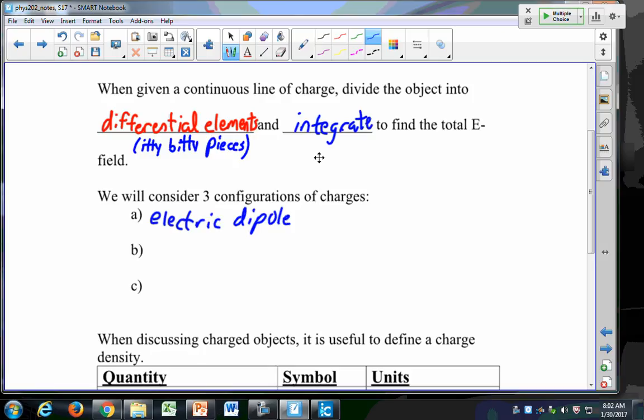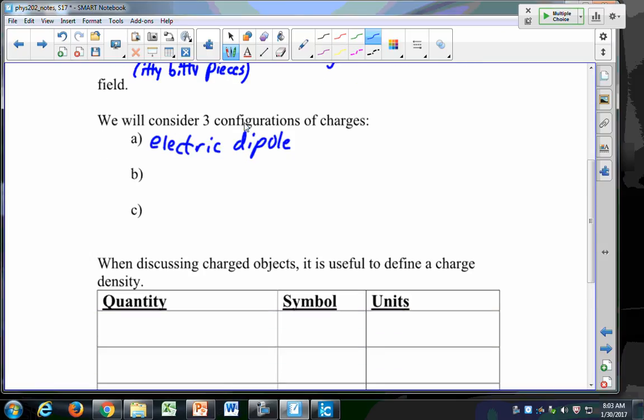And so you chemists especially will likely see the electric dipole later and how those two charges react to one another and the electric field that they create. But we'll also look at the charged ring and the charged disk. And probably what you'll have on your take-home exam is a cylinder, but I'm not sure about that. I have to take a look and see.